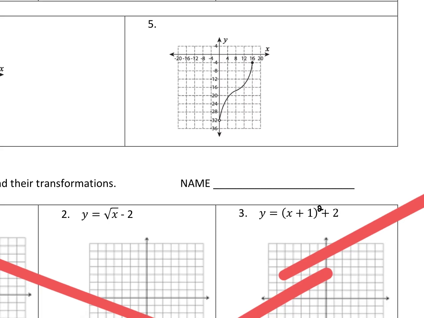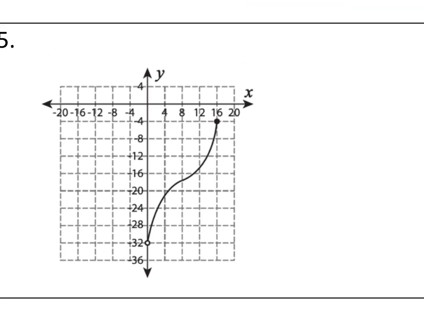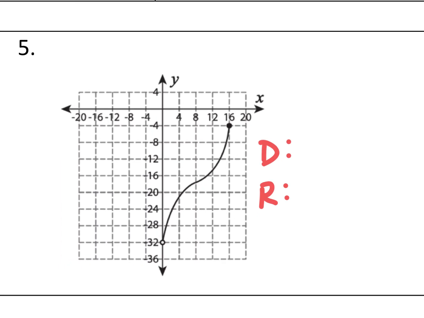Okay. And last thing, let's jump to number 5. See if you got domain and range down. Caden, domain. What's it about? Left to right. Good. How far left does it go?